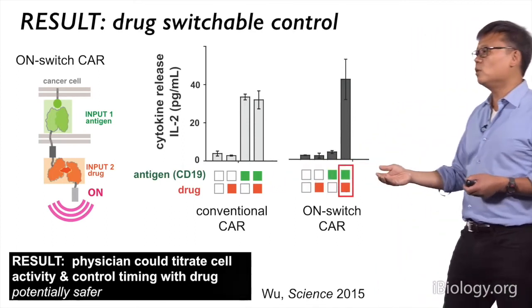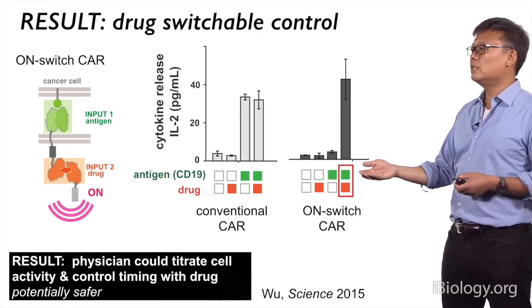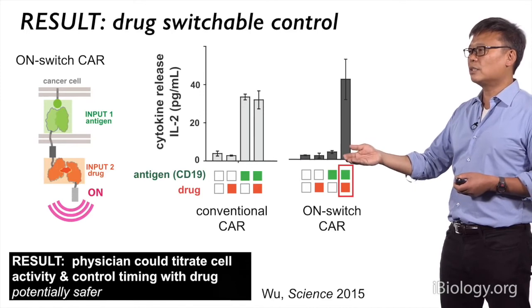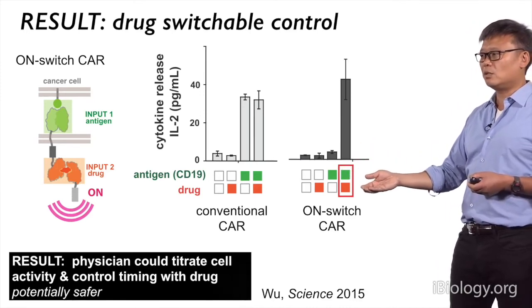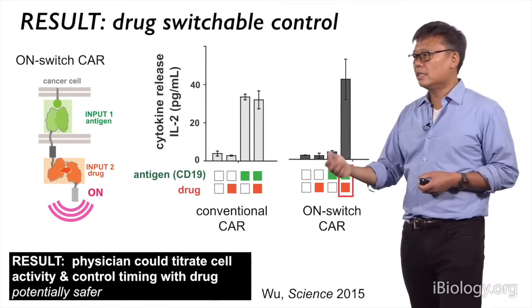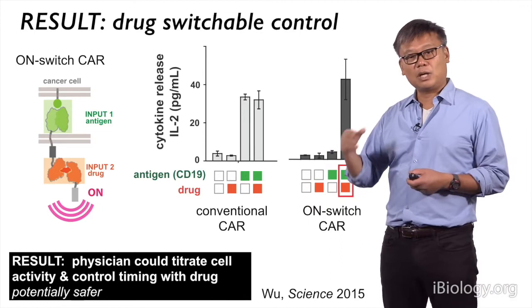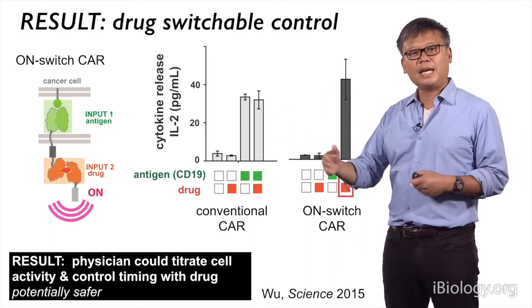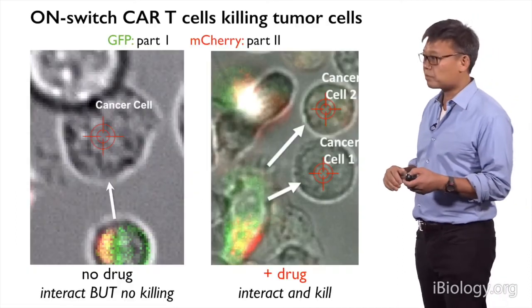In contrast, when we move to this on-switch CAR, T cells bearing this on-switch CAR, we see that they only get activated when there's a combination of both the cognate antigen in green as well as the drug in orange. So here is a case where the physician could actually control when the cell is activated, as well as we've found the timing and the dosage or the potency of that response.